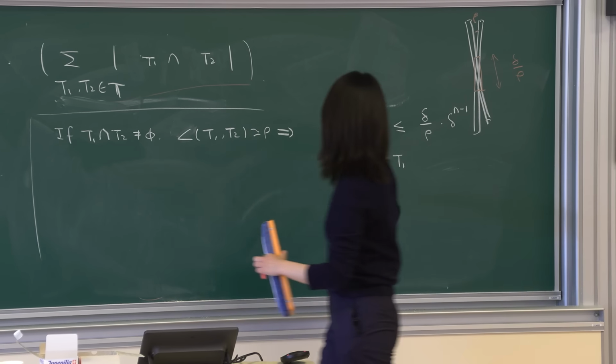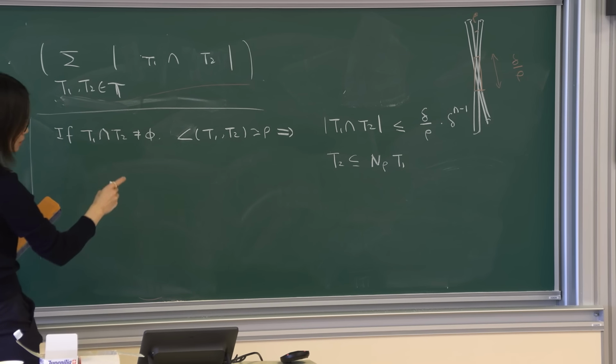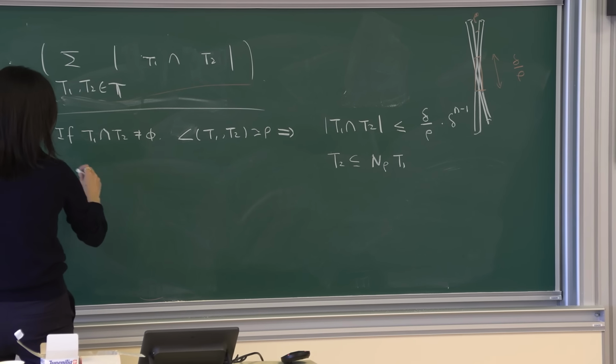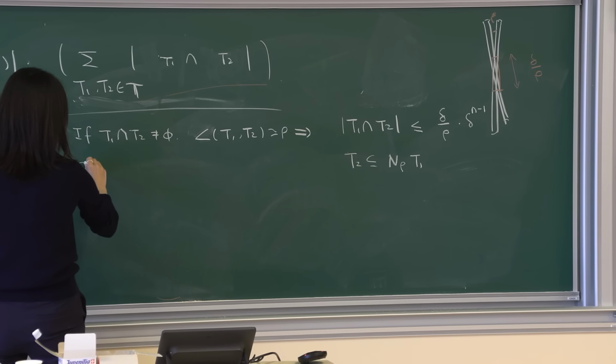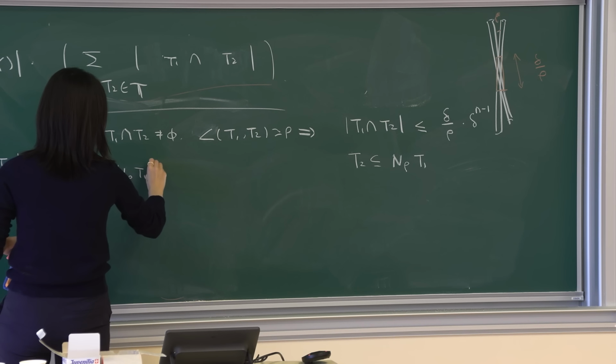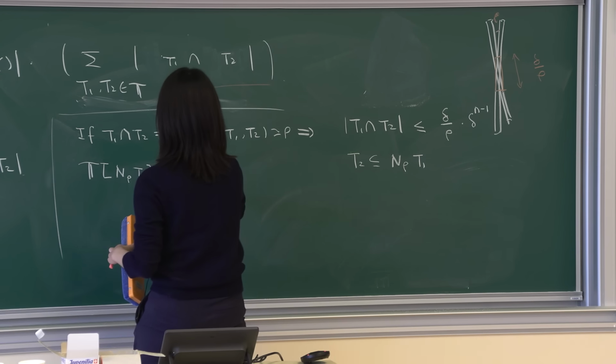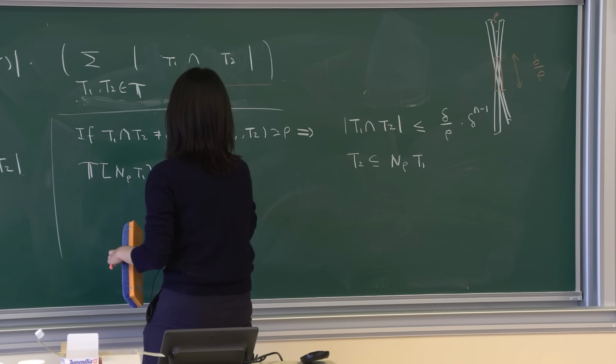Now, since T2 is contained in the rho neighborhood of T1, this is a good time to apply the Wolff axiom. So the number of those T2 is less than, how do we apply the Wolff axioms?